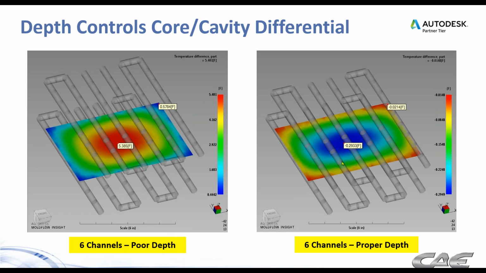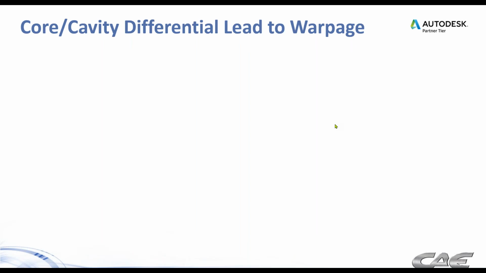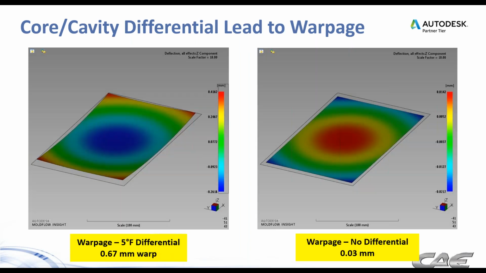And it doesn't take much of a temperature differential between the two sides, the core and cavity side, to create some warpage. Now, granted, this is a flimsy flat plate, but again, here for illustration purposes, that 5 degree temperature differential produced over 0.5 millimeter of warp.